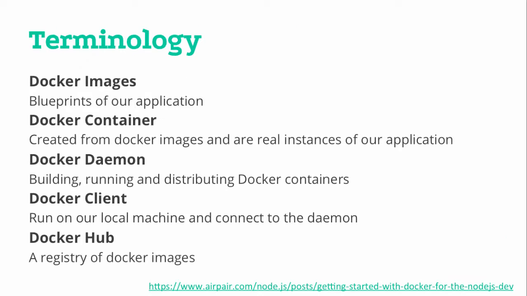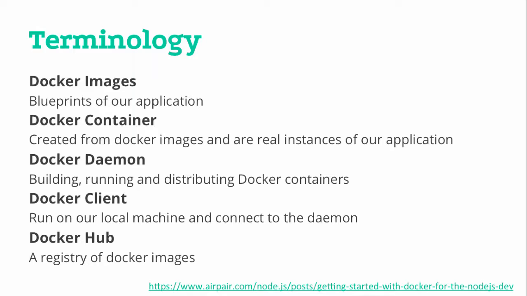Before we get into the demo itself, for those who are new to Docker, I'm going to briefly give an orientation on the Docker terminology that we will be using heavily today. Docker images are basically blueprints of our applications. We can create containers, which are running instances of our application, out of these images.